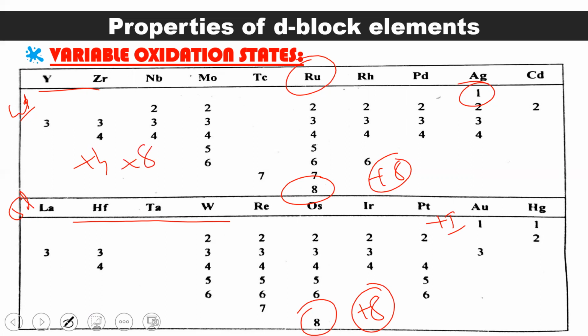Here also in the 5d series, +1 is the minimum oxidation state. The highest oxidation state in the 5d series is +8, shown by osmium. In the 4d series, ruthenium will show the +8 oxidation state, and osmium will show the highest oxidation state in the 5d series.